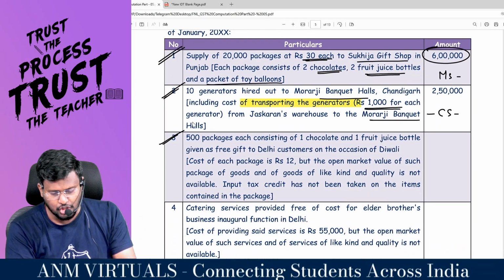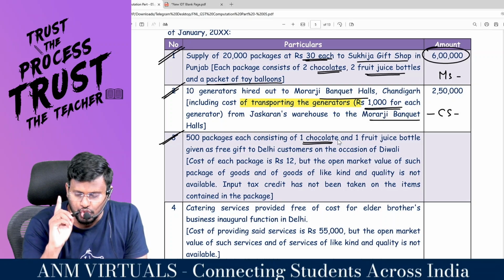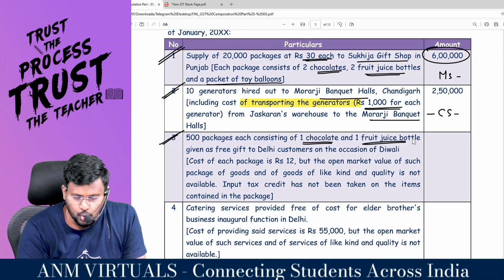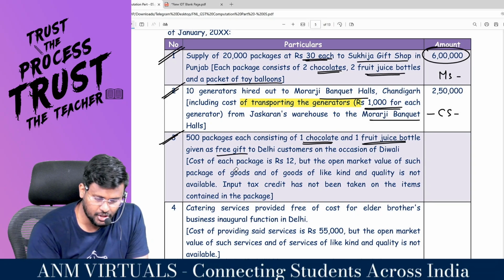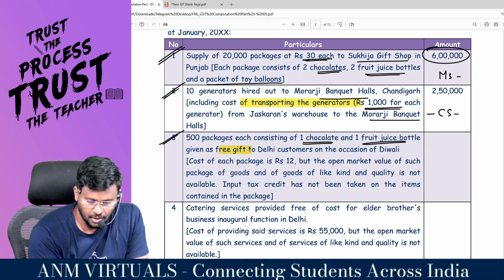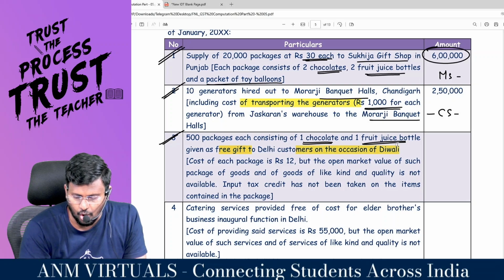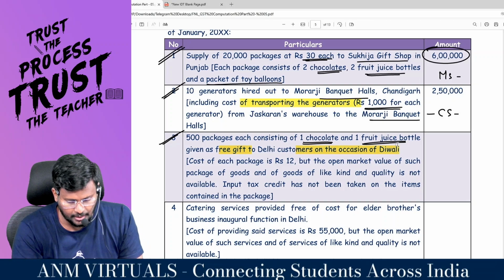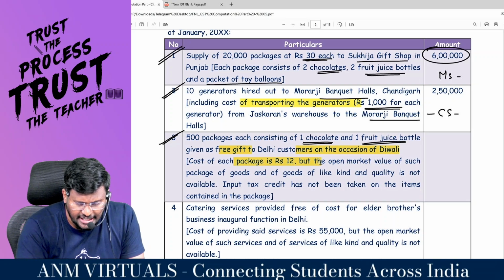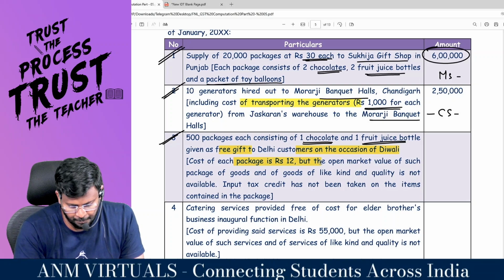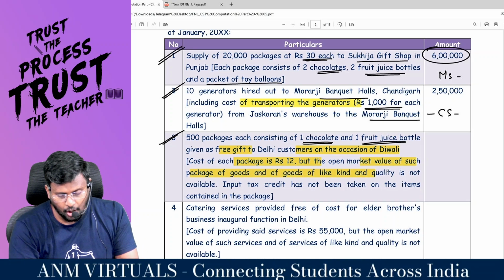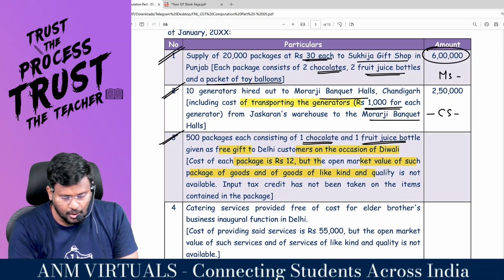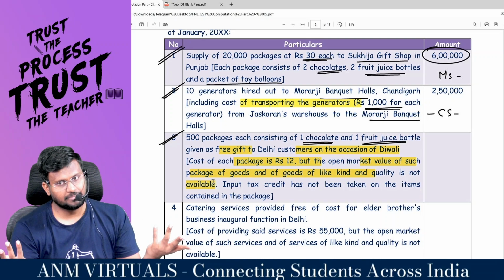500 packages, each consisting of one chocolate and one fruit juice bottle, given as a free gift to Delhi customers on the occasion of Diwali. There is no consideration. The cost of each package is 12, but the open market value of such a package of goods of like kind and quality is not available.